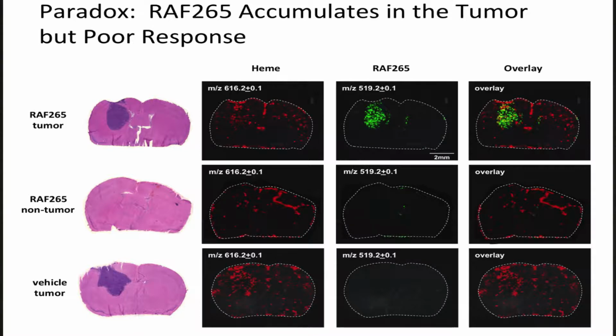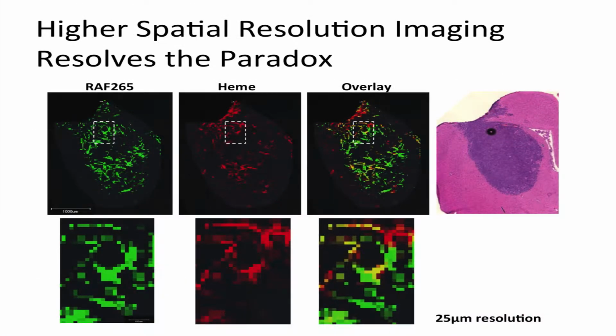So these images were acquired at 125 micron spatial resolution. So we went back to some tissue sections and acquired images at 25 micron. And what we can see when we do the co-localization of the drug and the heme is that most of the drug is found within the vessels of the tumor.